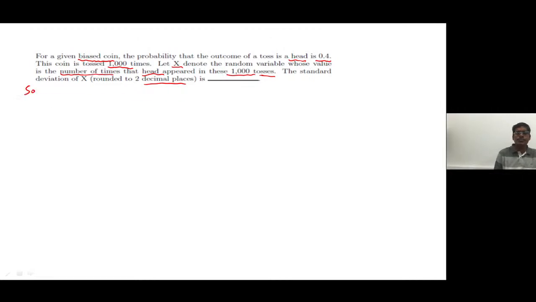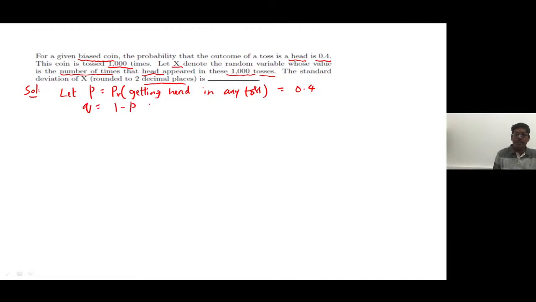So solution. Let small p be the probability of getting head in any toss of a biased coin, which is given as 0.4. q is equal to 1 minus p, the probability of getting tail in any toss, that is 0.6. n is equal to 1000, very large.